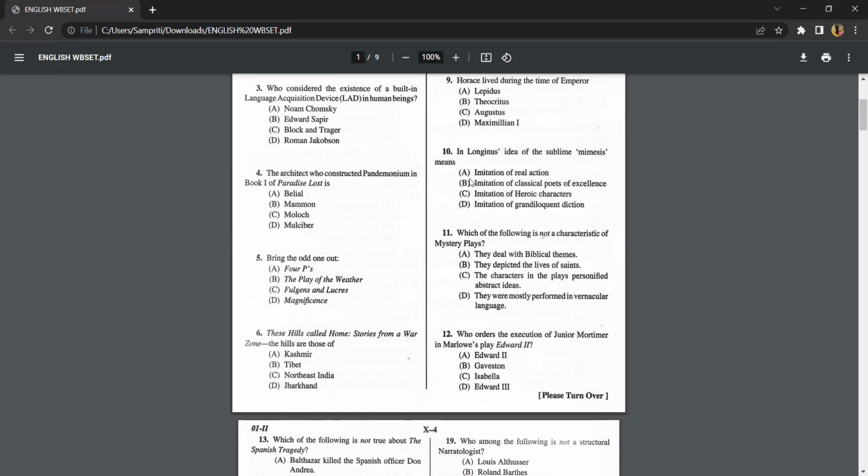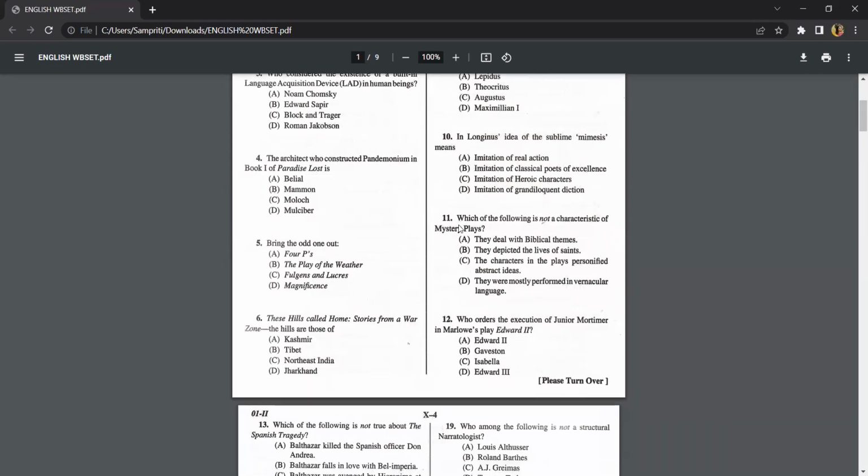Longinus says that the spiritual connection to ancient minds is very important. Much like, can you tell me who is a modern critic who thinks alike? T.S. Eliot, in his Tradition and Individual Talent, when he says that it's very important to have a spiritual connection with the ancient.